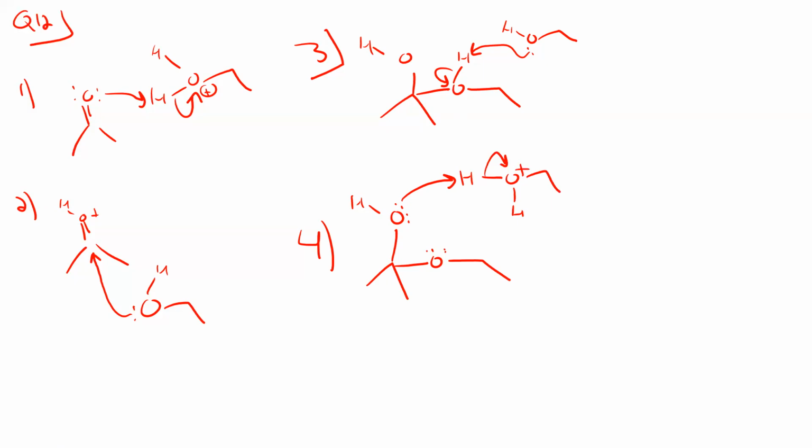So we've created a good leaving group. So I'm just going to stay right here and then we'll complete the other steps on a new slide. I'll give you a moment to get this done.